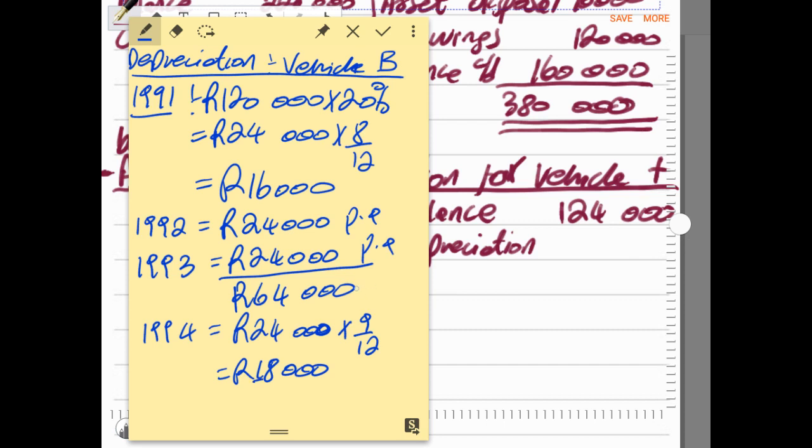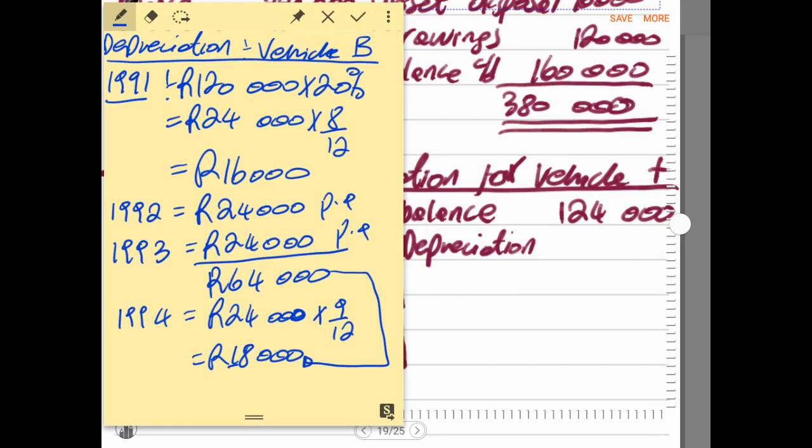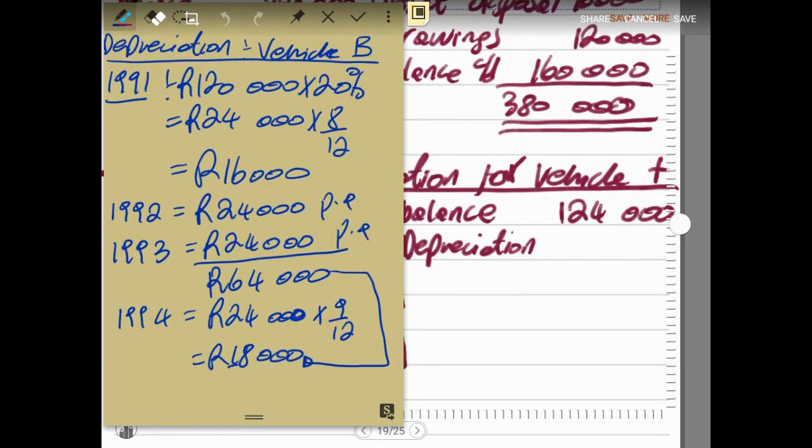Therefore, now if we say 64,000 rands, which is the total accumulated depreciation of vehicle B up to the end of 1993, we add the depreciation for the current year. That should give us the total depreciation for motor vehicle B. So now let us show those calculations for this asset.